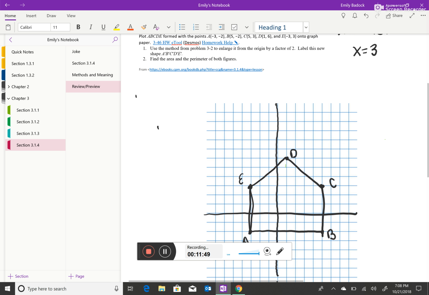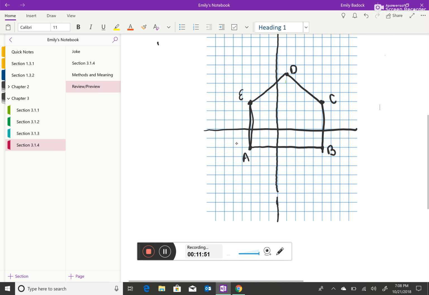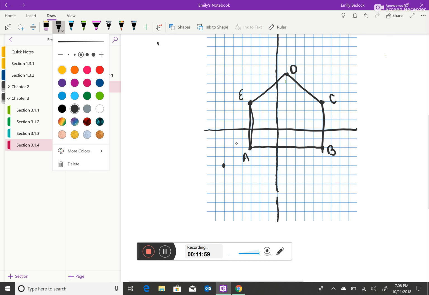So my point A is going to be -6, -4. And that didn't change at all.